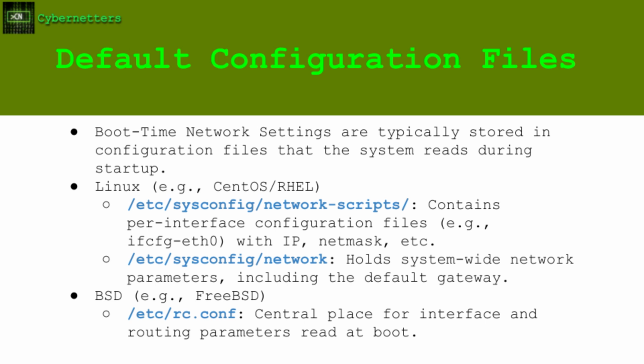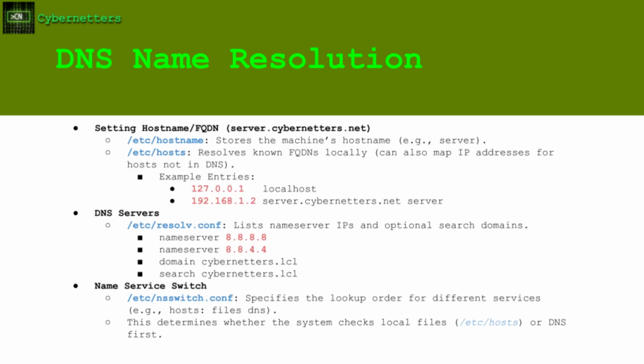Let's talk about DNS name resolution: how your system knows where to send network traffic when you type a domain name like cybernetters.net instead of an IP address. First, we have /etc/hostname. This is where your system stores its own name. So if your machine is called server, this is what would be in the file. Next is /etc/hosts. This is like a mini local DNS.